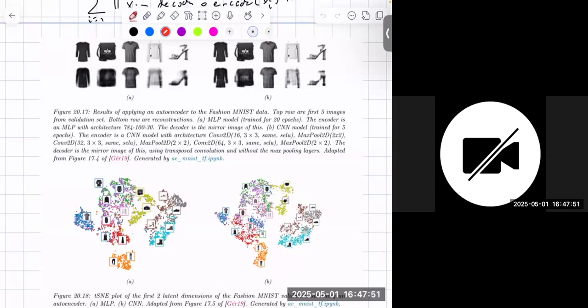And here they are doing a little more tricks. Again, they are training a multi-layered perceptron and a CNN, doing exactly what we were doing there. And what they do is they take that encoding and then do a 2-dimensional nonlinear plotting, which we will learn about later.